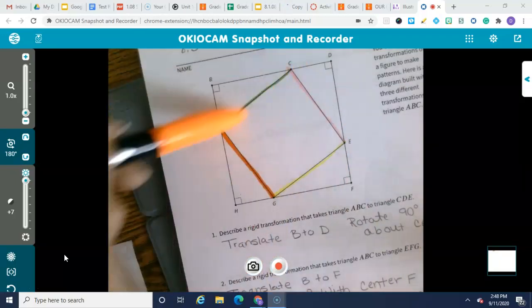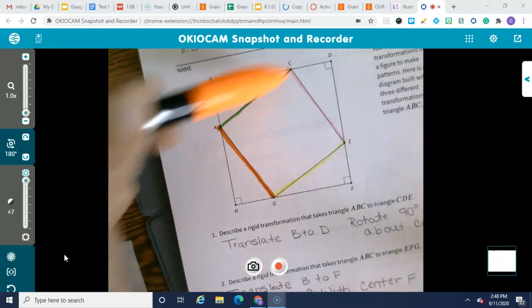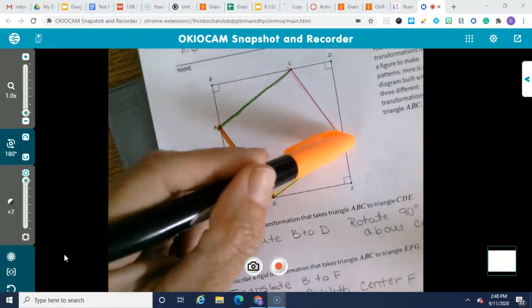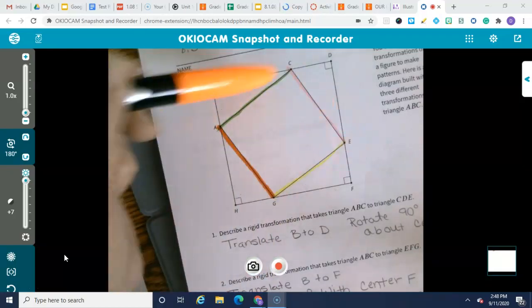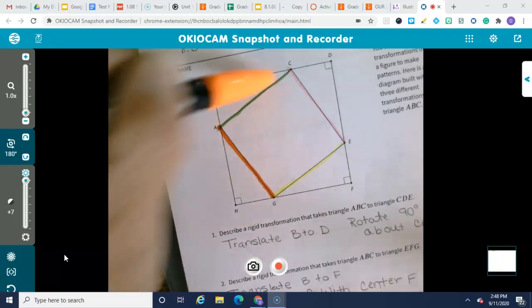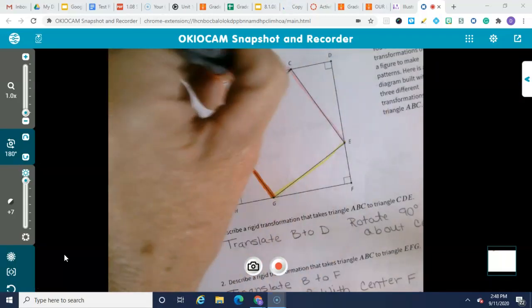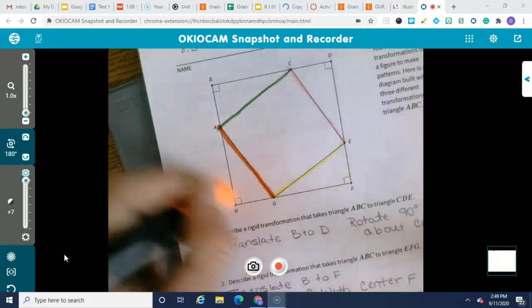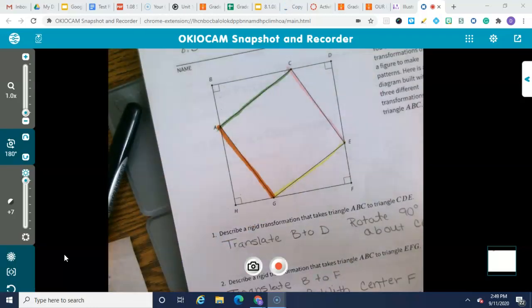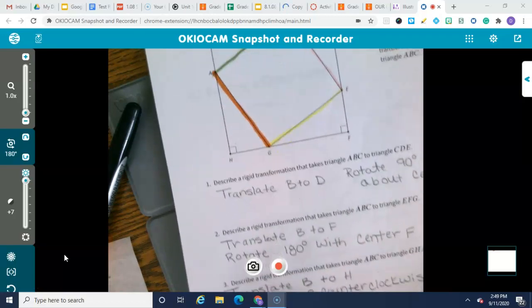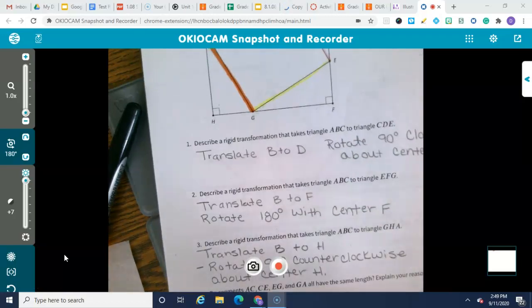As you can see, they're all the same corresponding side of our original triangle. So when you do a rigid transformation, the side lengths are preserved. So yes, they are all the same size. You could answer yes and just say yes, because rigid transformations preserve the length of the sides. Okay?